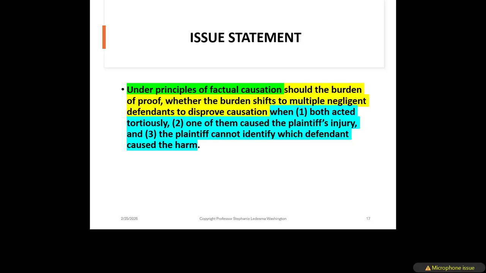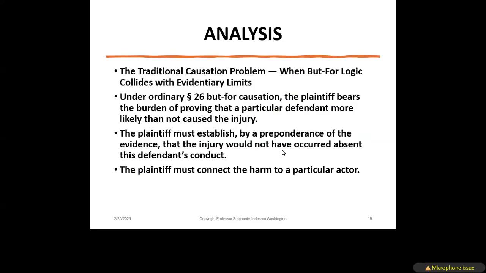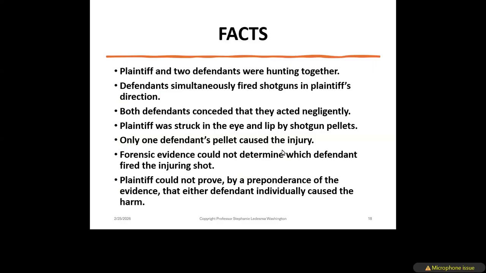When, one, both of the negligent defendants acted tortiously; two, one of the two negligent defendants caused the plaintiff's injury; and three, the plaintiff cannot identify which defendant caused the harm. Should the burden shift? Well, the Supreme Court in California in Summers v. Tice says yes.